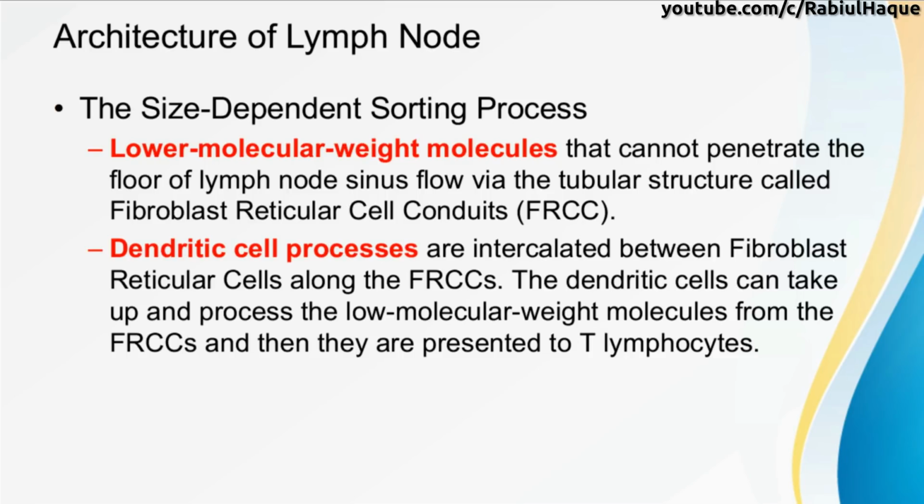Always remember, dendritic cells are located very close to these conduits, and their processes are intercalated between the fibroblast reticular cells that are lining these conduits. So the dendritic cells can take up and process the lower molecular weight molecules from these conduits, and then they can present the antigens to the T lymphocytes. So that is the role of fibroblast reticular cell conduits inside our lymph nodes.